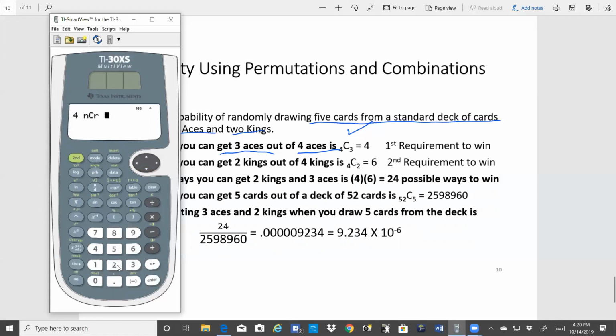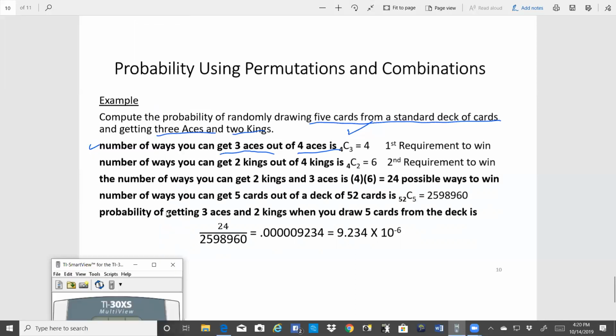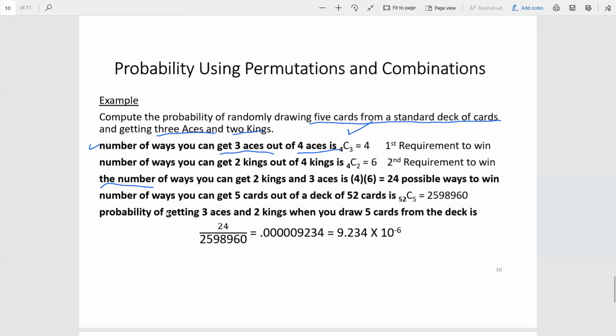And you want 2 at a time. And you get 6. Now, the number of ways you can get 2 kings and 3 aces, that's two of these events in a row, is going to be 4 times 6, the product of 4 and 6. There are 24 possible ways to win.